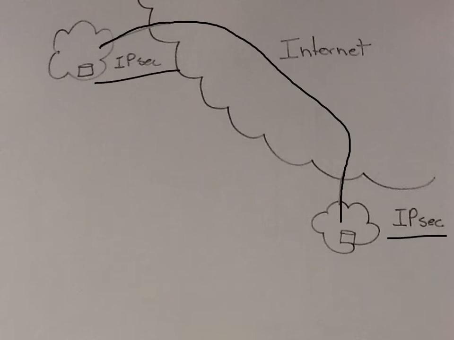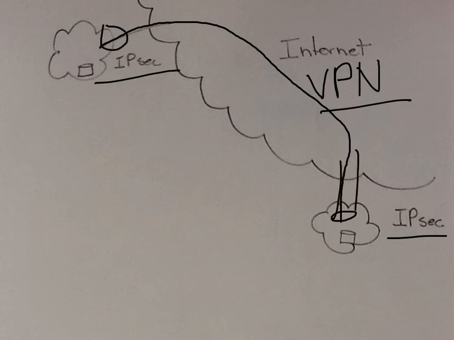A student made a comparison, so we could connect through here on a virtual VPN, virtual private network. And we talked a little bit about that. It's referred to like a tunnel going through the internet.